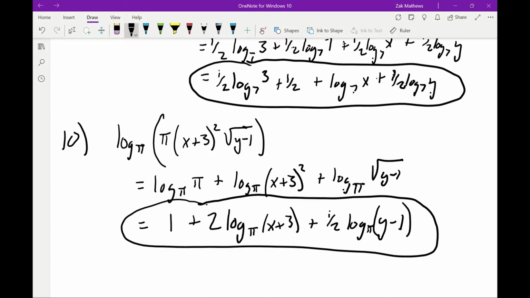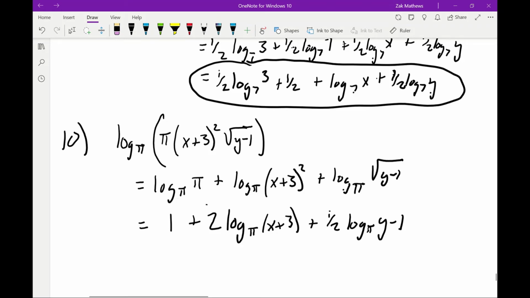Notice we did not have any properties when we started this lesson that allowed us to break apart addition or subtraction. So those just have to stay as they are. Also notice how I included both in parentheses. Even though the second one, if we just simply pull the 1/2 to the front, it doesn't look like there's parentheses around it. Those need to be there. If I drop those parentheses, what I'm saying is I have log base pi of y, minus 1.